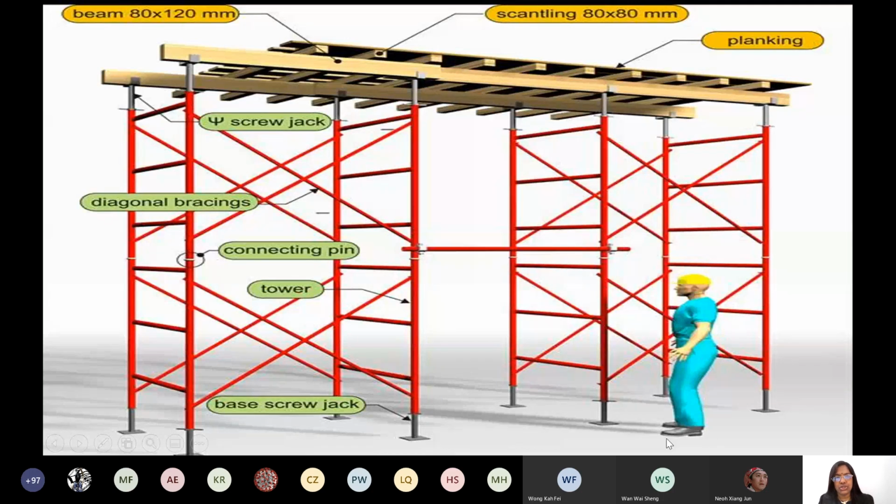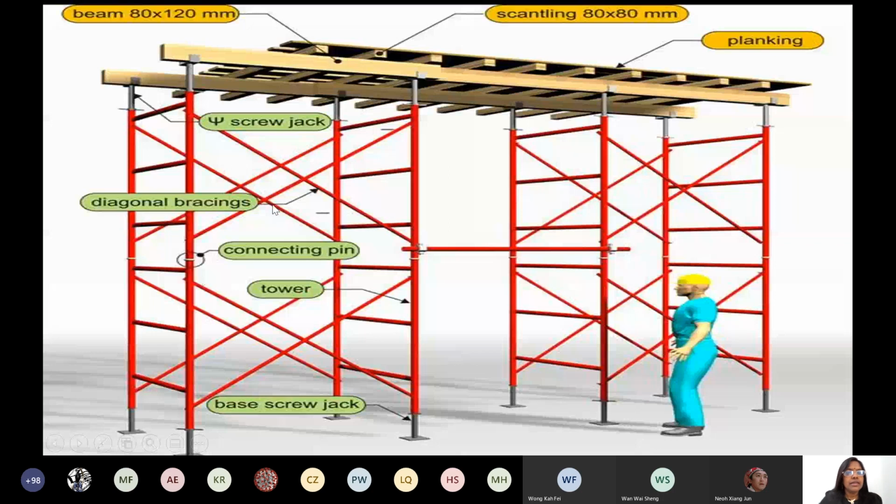One of the form structures is shown here, which maybe is used to construct the slab. For slab and column, these are shown. It has component parts like a deck or a plank, and a scantling, and the beam. The main runner supports the whole structure, and this beam is supported by the steel scaffolding.